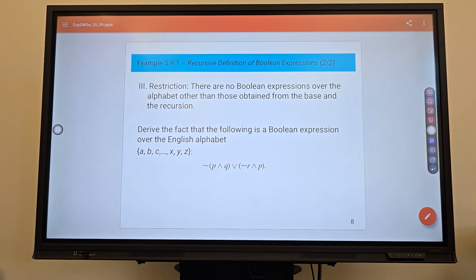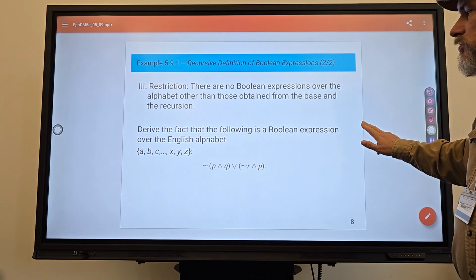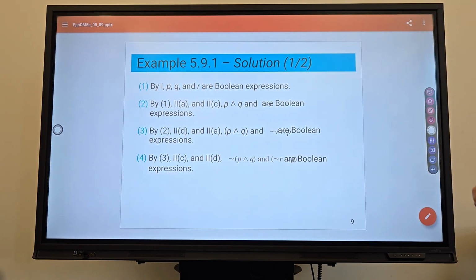Derive the fact that the following is a Boolean expression over the English alphabet. Well, by rule number 1, P, Q, and R are Boolean expressions.